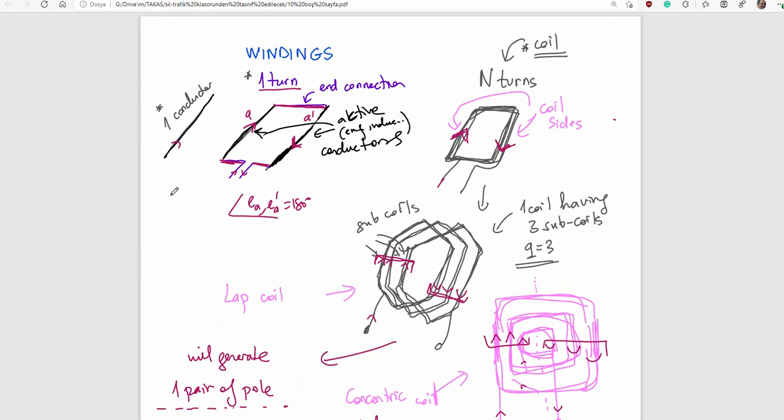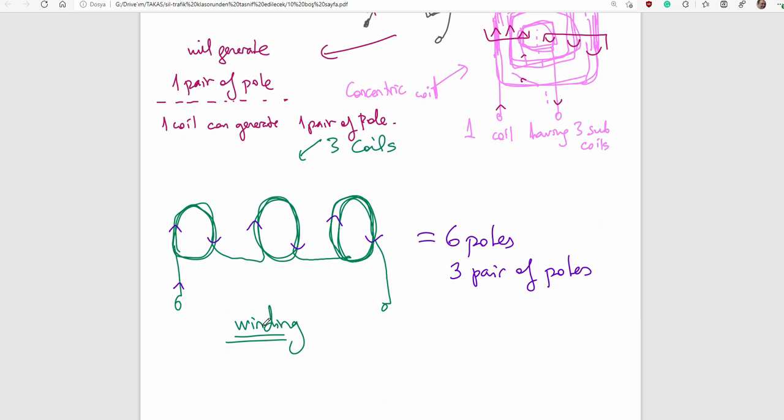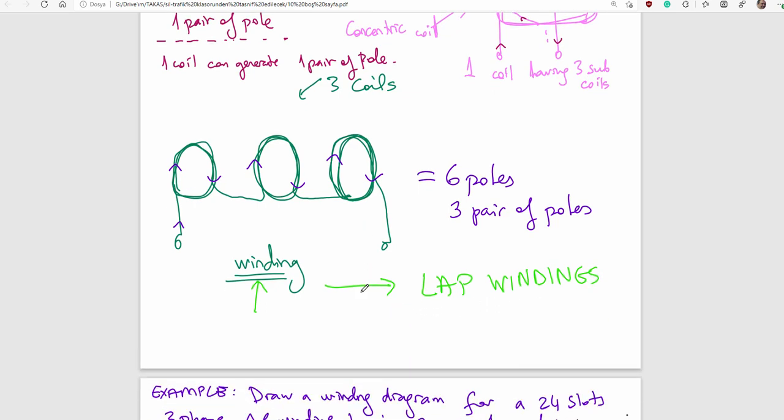It starts from a conductor and then it produces a winding. Here is the winding. Generally there are two types of AC windings. One is lap windings, which look like shingles, kiremitler, or a chain.